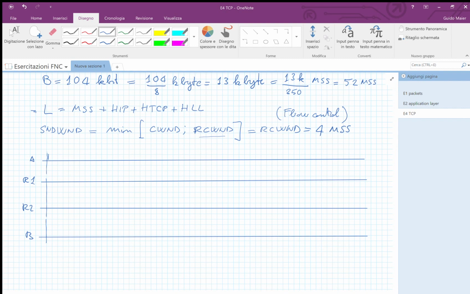So the first hypothesis is that the size of the window, I call it W just to be short, multiplied by the total transmission time, let's call it T, of a segment, is larger than, let's say, also equal to the round trip time.